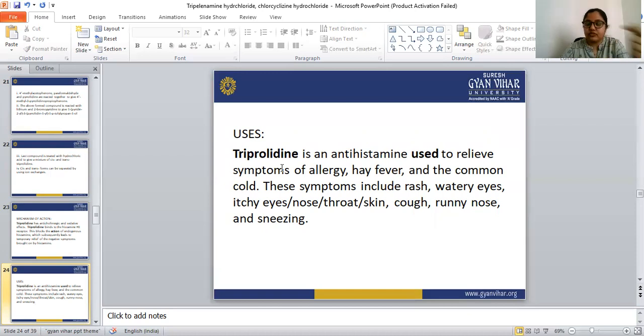So these are the uses of triprolidine hydrochloride.